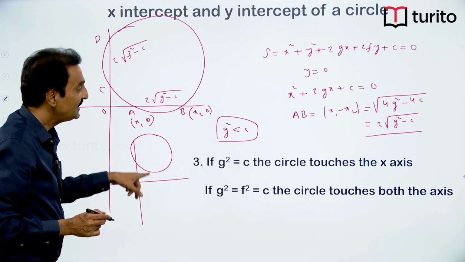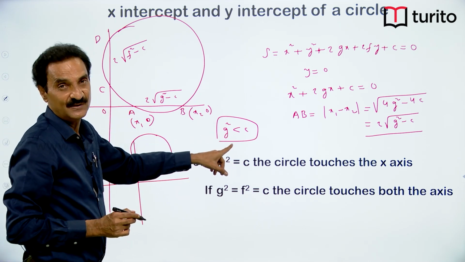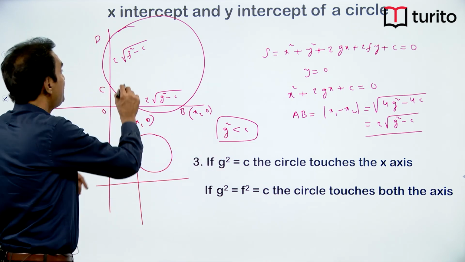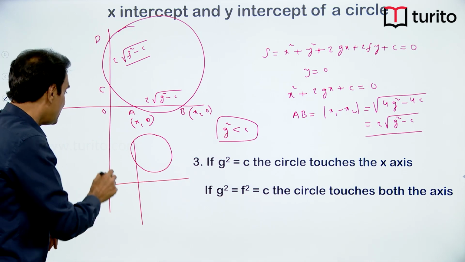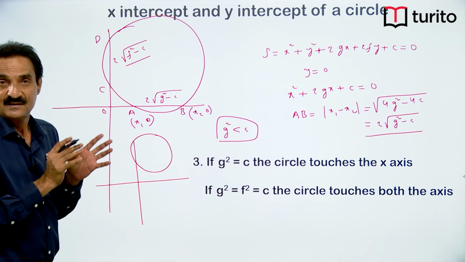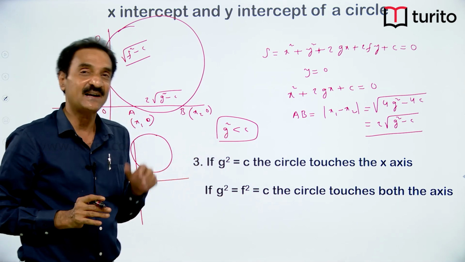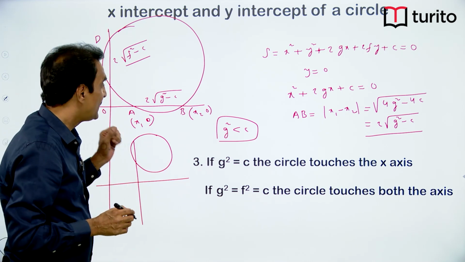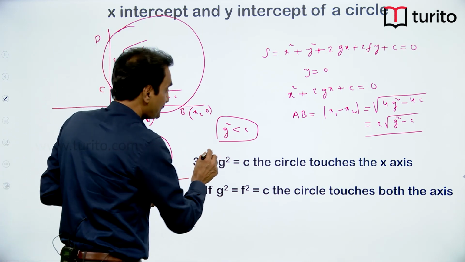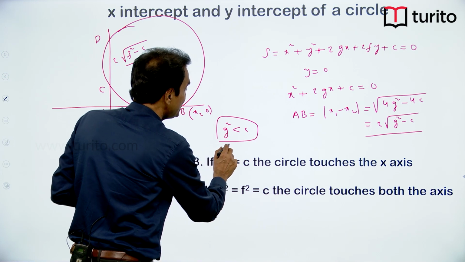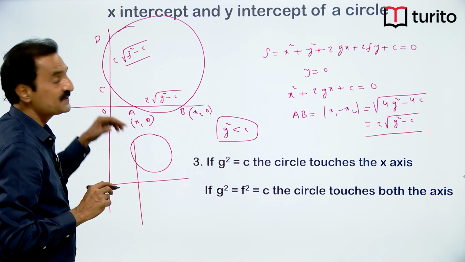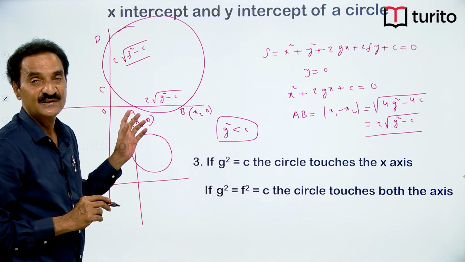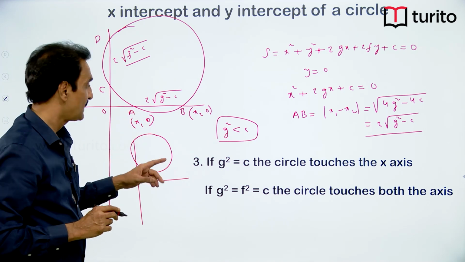In this case, g square will be less than c. Similarly, if f square is less than c, then the y-intercept is imaginary, and the circle does not touch or intersect the y-axis.